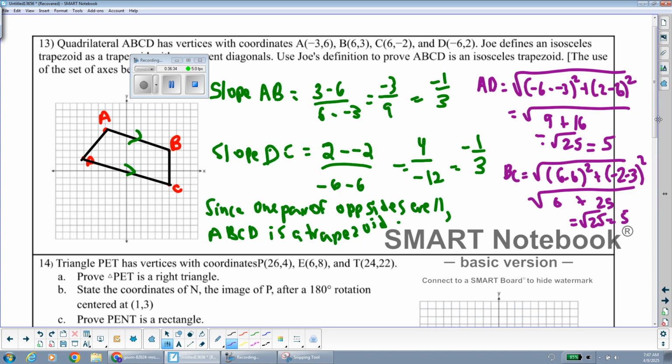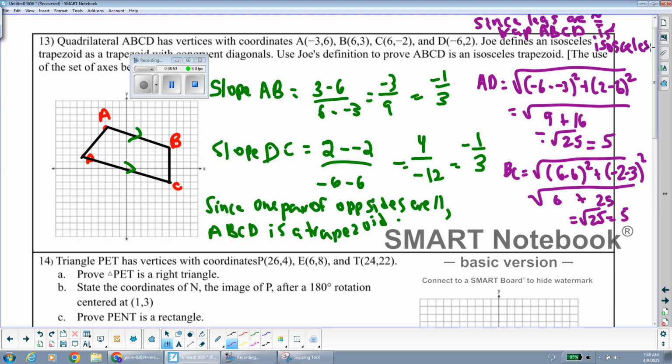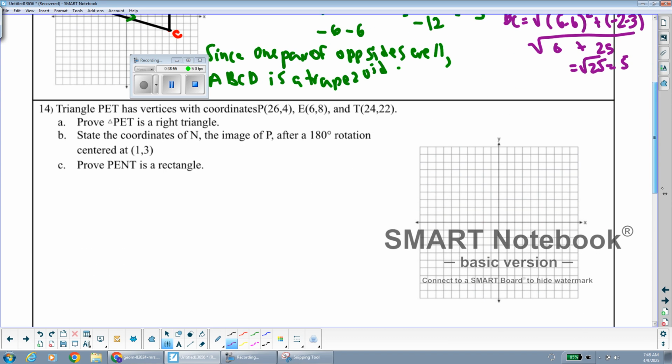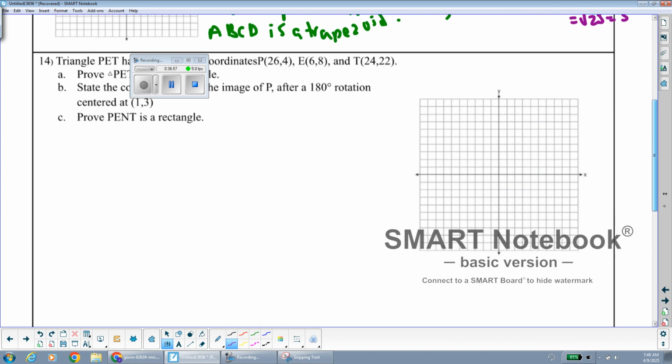So just make sure you write your concluding statement. Legs are congruent, trapezoid ABCD is isosceles. There we go. Now finally for the last question.